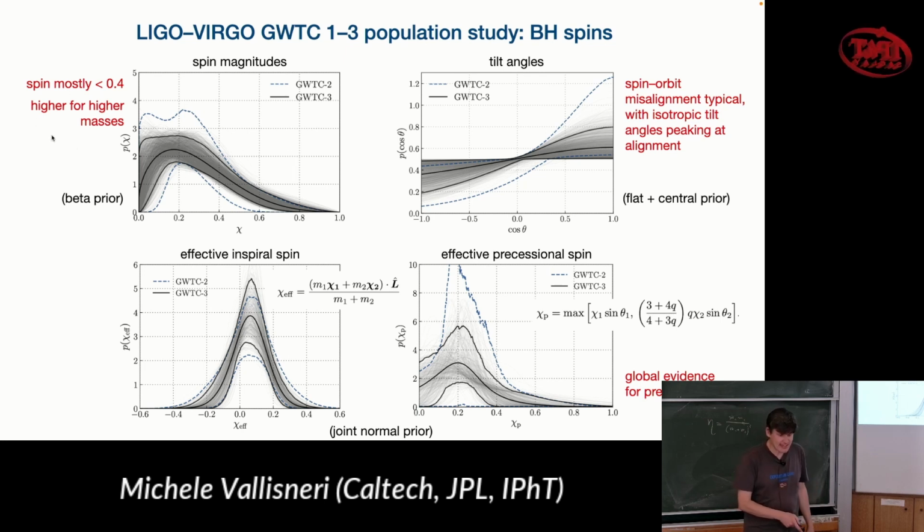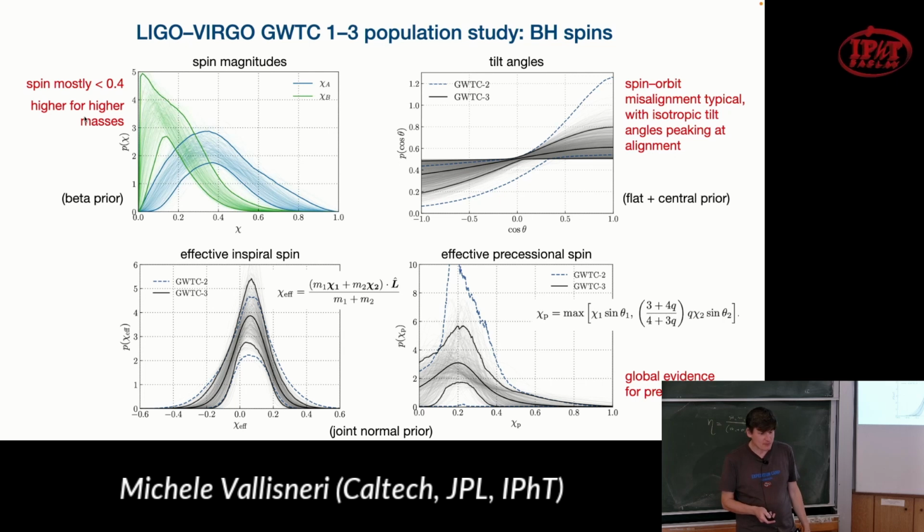One thing that's unexplained is that they're higher for higher masses, which, at least for field binaries, you usually wouldn't get, because higher masses lose more mass, so they should lose more angular momentum, and there should be less available to spin up the black hole. So that's surprising. If you plot them separately, the heavier and the lighter mass, the lighter one is actually compatible with 0, or it's lower, and the leading one is a bit higher.